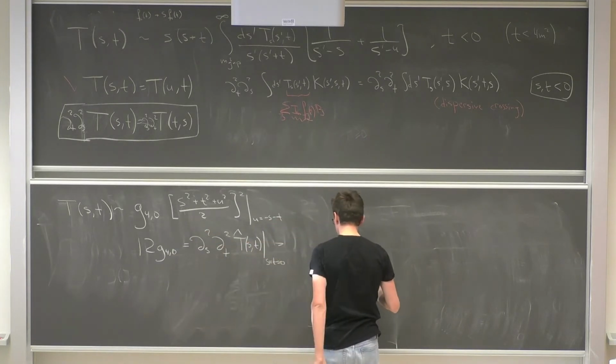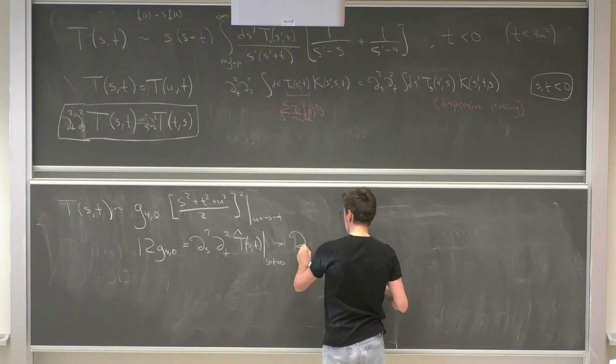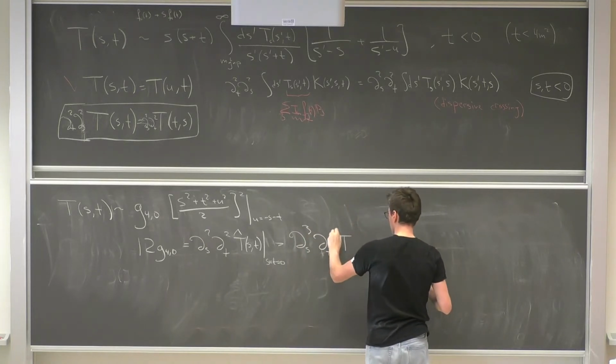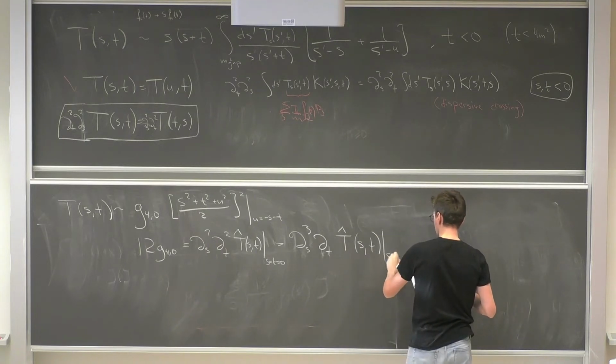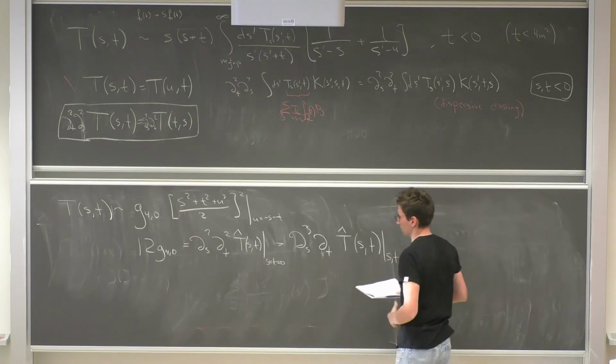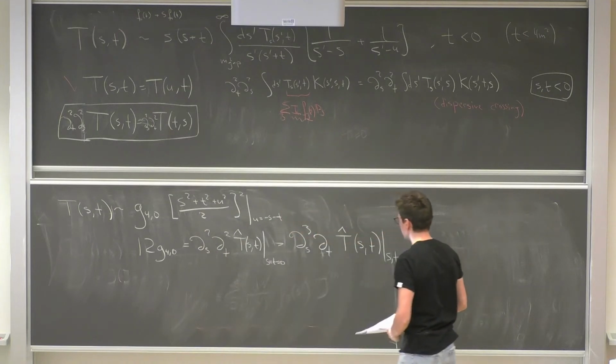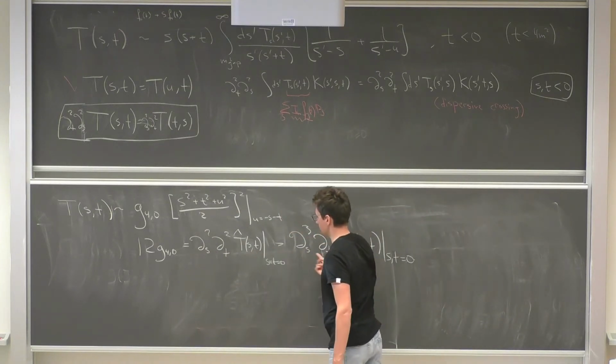Or we can write it like this. That again gives the same result. You can check. So therefore, we see we have two different representations for the coupling.